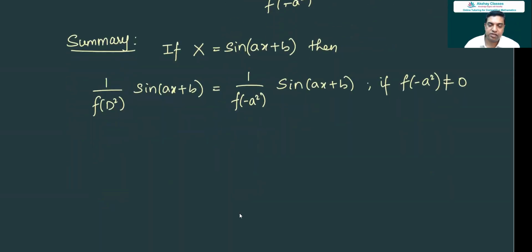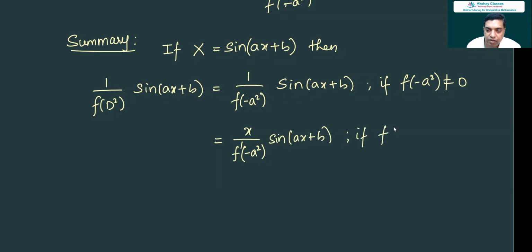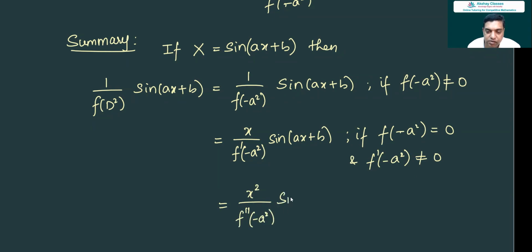Now this becomes x over f dash of minus a square times sine of ax plus b if f of minus a square is 0 and f dash minus a square is not equal to 0. Next, this will become x square by f double dash minus a square.